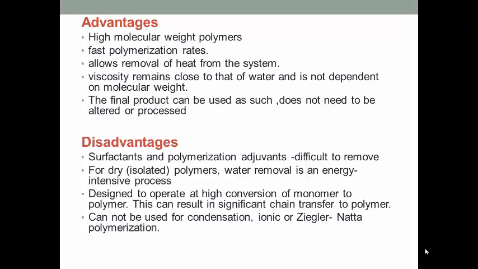These are some advantages and disadvantages of this emulsion type. Advantages are high molecular weight polymers, fast polymerization rate, removal of heat from the system is allowed, and viscosity remains close to that of water and is not dependent on molecular weight. The final product can be used as such. It does not require any processing or alteration.